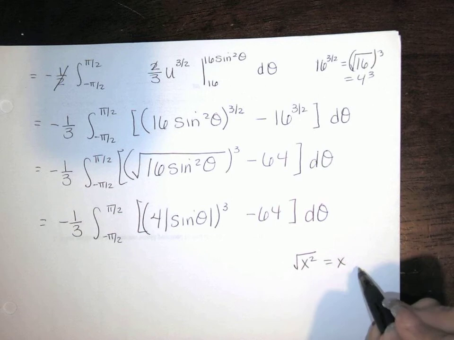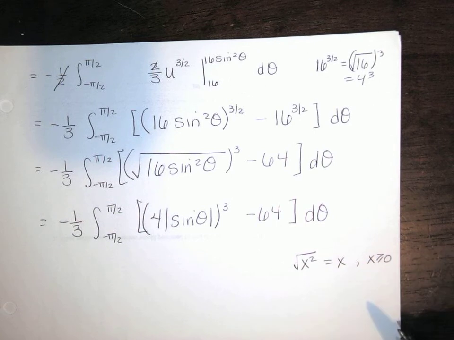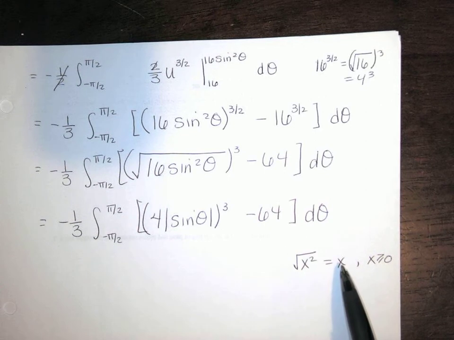This only works when x is greater than or equal to 0. So when you're in algebra class and you're simplifying expressions like this, they usually say, assume all the variables are positive, and then you get to do this. But if the variables aren't positive, what you get is x when x is positive and negative x when x is negative.